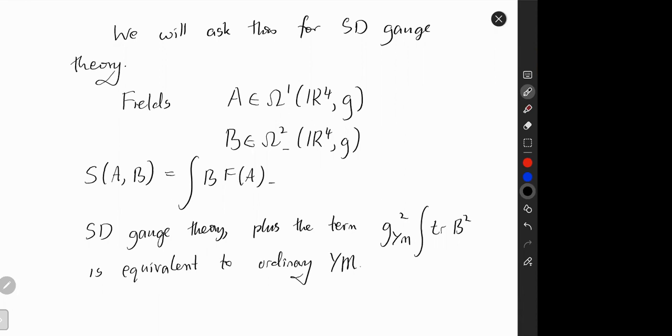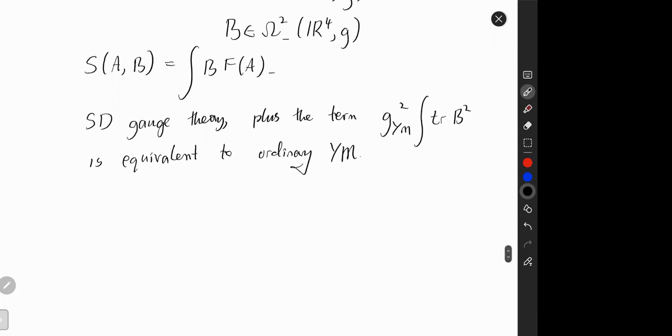I have a question. When you integrate out the B, you are going to get F_A minus squared, right? But F_A minus is not the entire field strength, it's just the anti-self-dual part. So how do you get ordinary Yang-Mills?